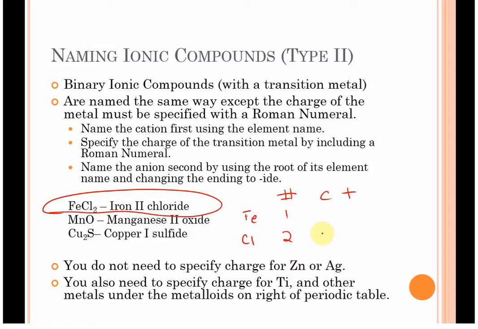If we know that chlorine is in group 7, so it has a 1 minus charge, it gives us an overall negative charge of 2 minus. To cancel, we need a positive charge of plus 2. Spreading over one atom gives us a charge on that iron of plus 2. So we name it as iron 2 chloride because the charge on the iron is a 2 plus.